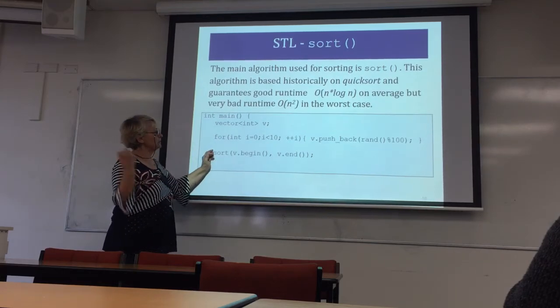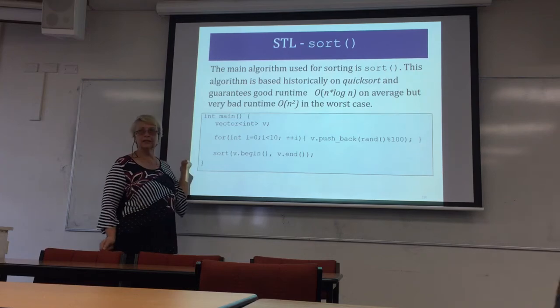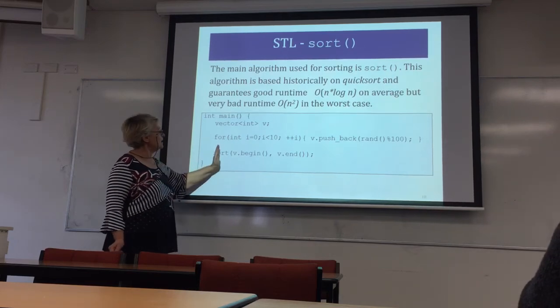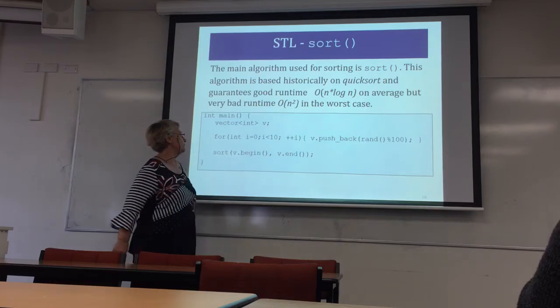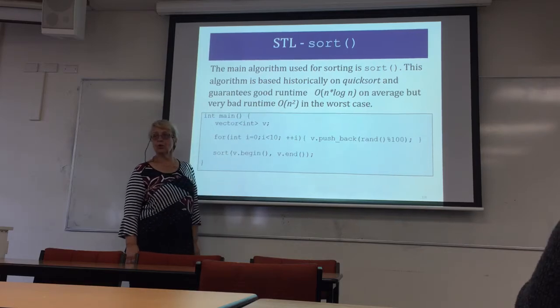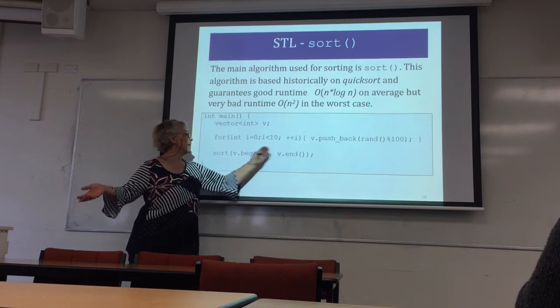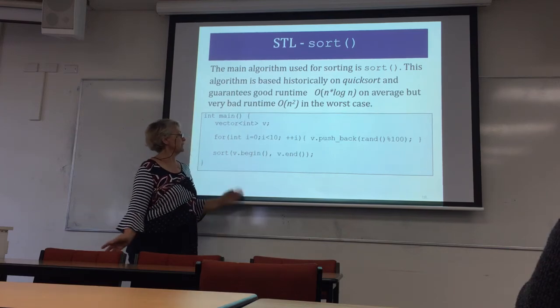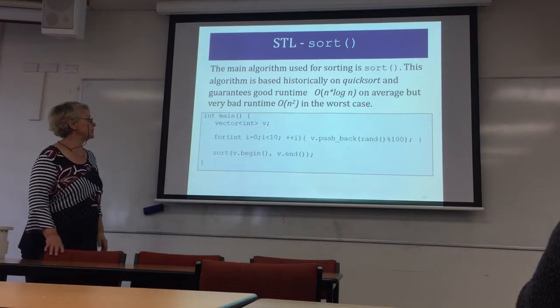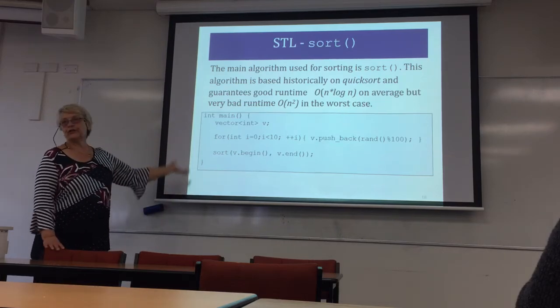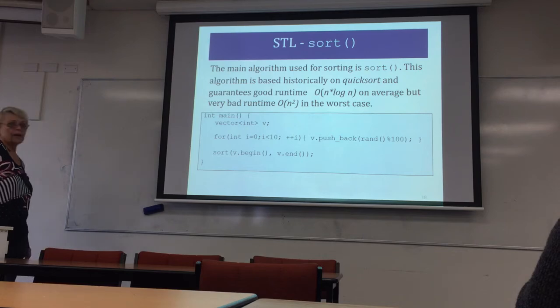If you have a container providing random access, then all you have to do is specify what is the range you want to sort. You want to sort the whole container. That's very simple. It's based on less comparison for integers and other numerical values.